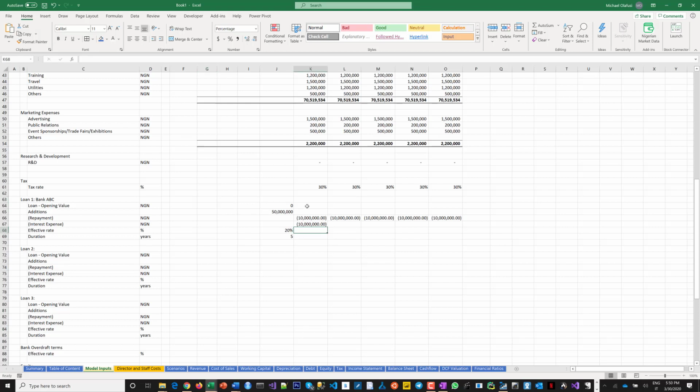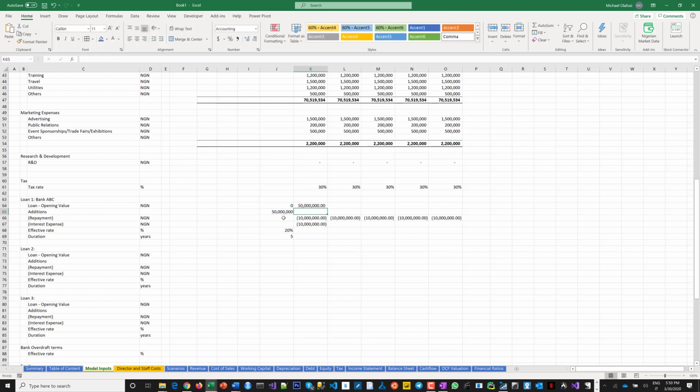So if you have this, then your opening value is going to be equal to the summation of the addition and opening value of last year, minus repayment of last year.